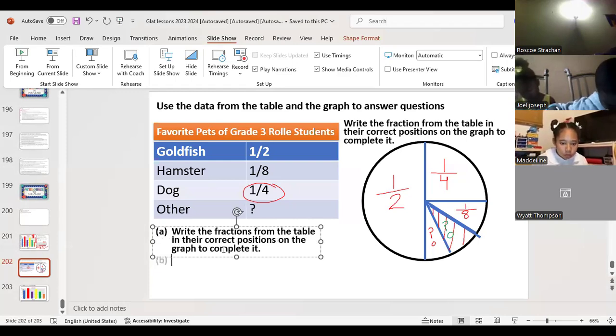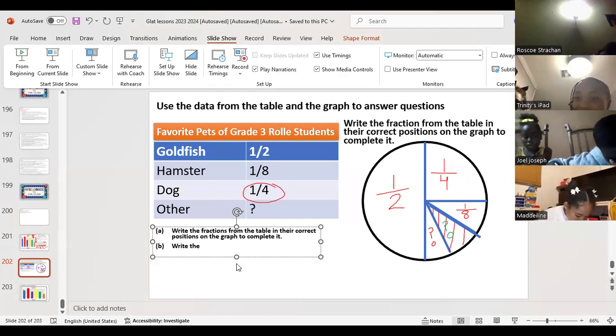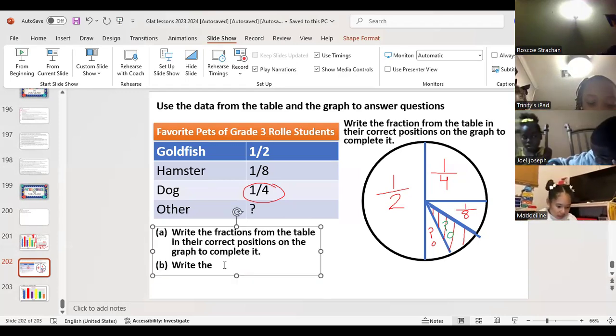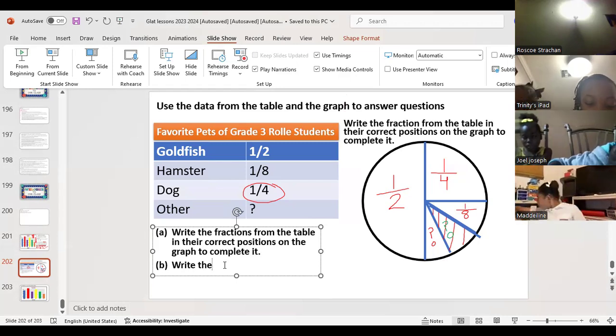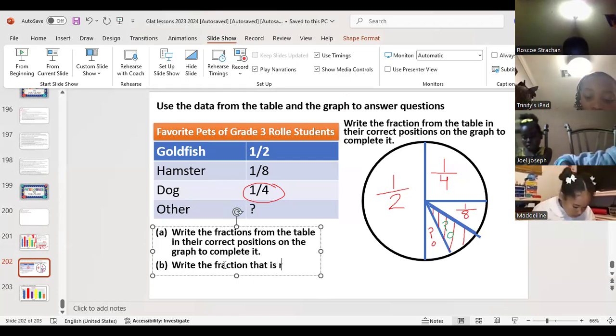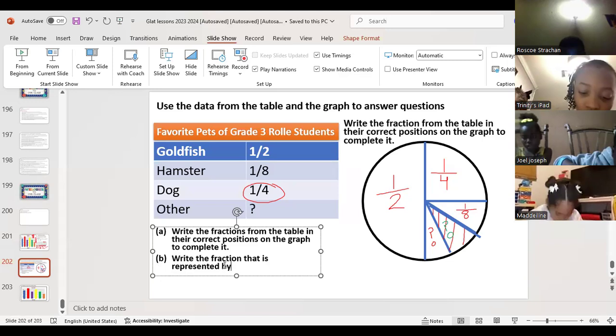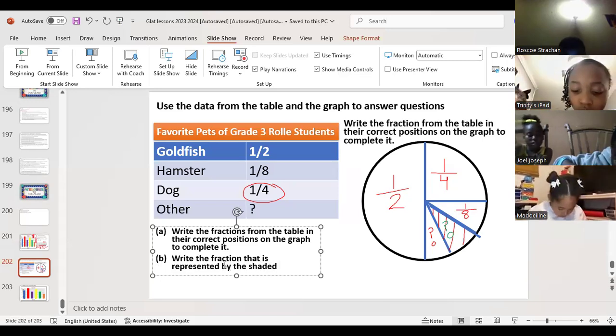Now B says, write the fraction that is represented by the shaded section. Mr. Petit, go ahead.